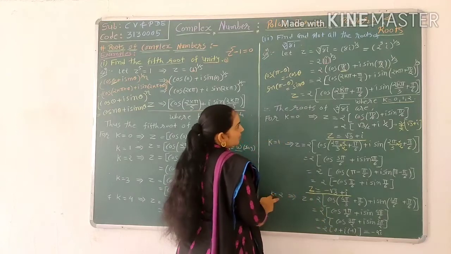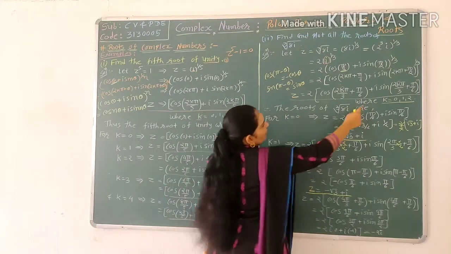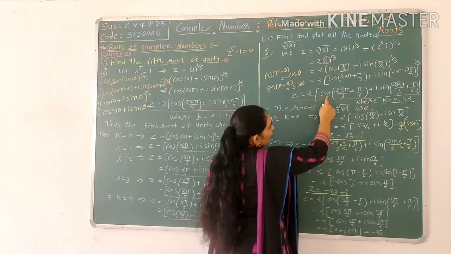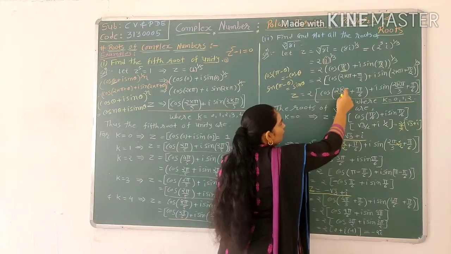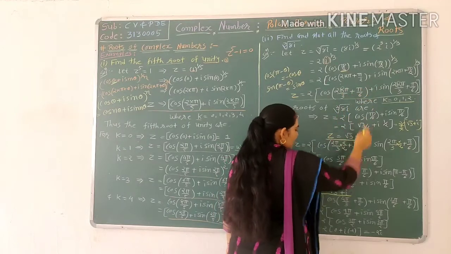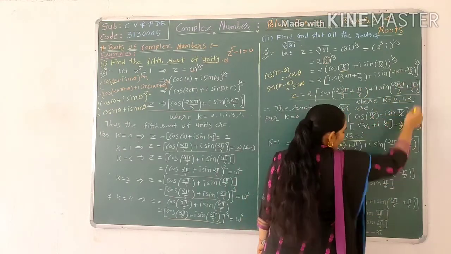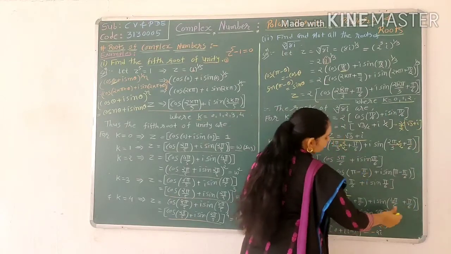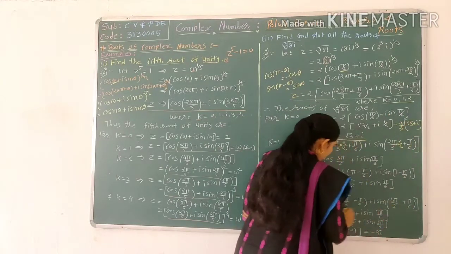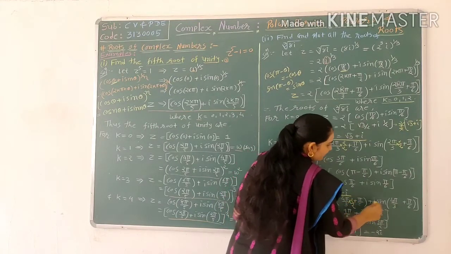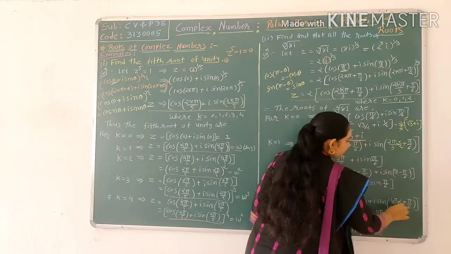Now for k = 2, put k = 2 in this equation. Therefore, z = 2[cos(4π/3 + π/6) + i sin(4π/3 + π/6)]. Now here the LCM is 6, so we multiply and divide by 2.